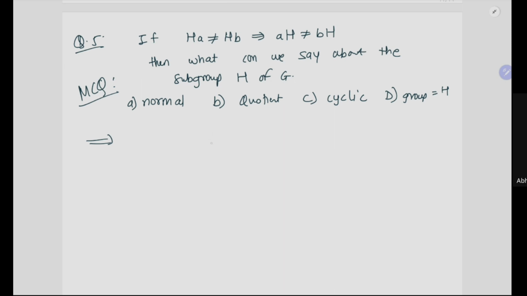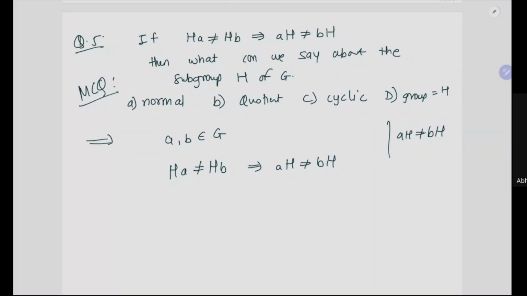If I have a and b in G, then they are saying Ha not equal to Hb implies that aH not equal to bH. They are not saying that Ha is not equal to aH. They are saying if the right cosets are not equal, then the left cosets are not equal. That's what they are saying.